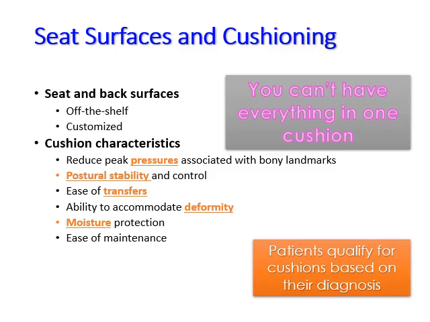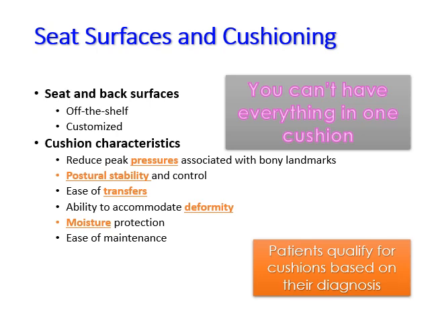Some seats and back surfaces you can buy off the shelf. If you stop at any truck stop or gas station on the way home, you're going to find different kinds of seats, seat cushions or back rests for your car. But of course, the better alternative for our patients is going to be customized seat and back surfaces.